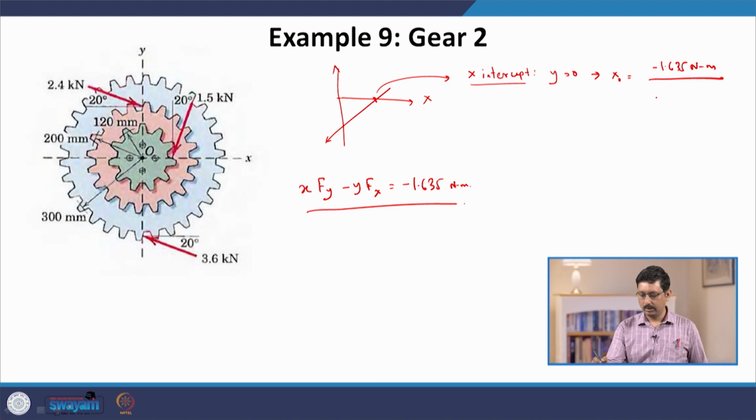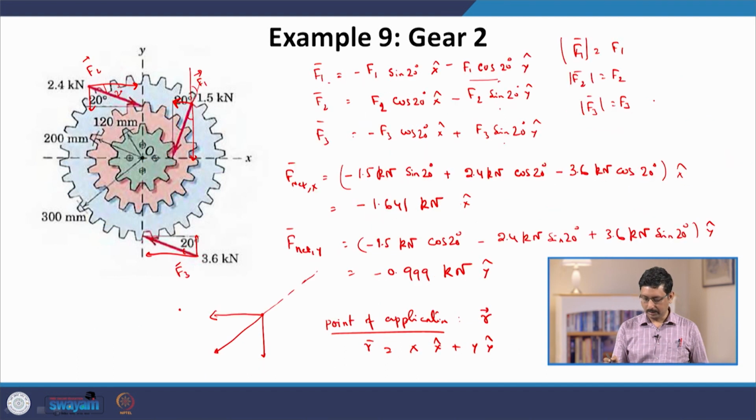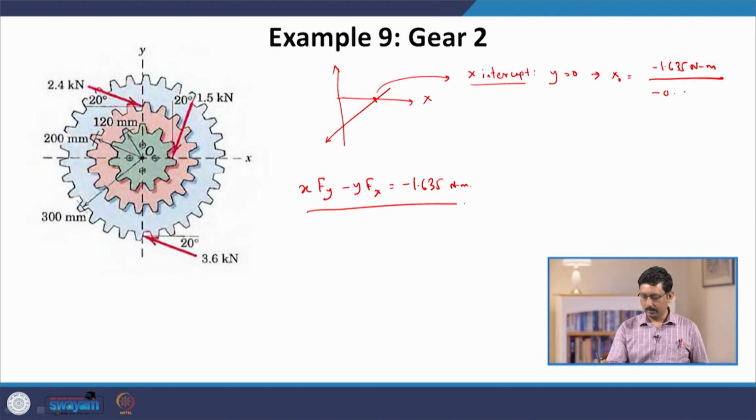The Fy we computed here was minus 0.999 kilonewton. I am sorry, it must be kilonewton meter.